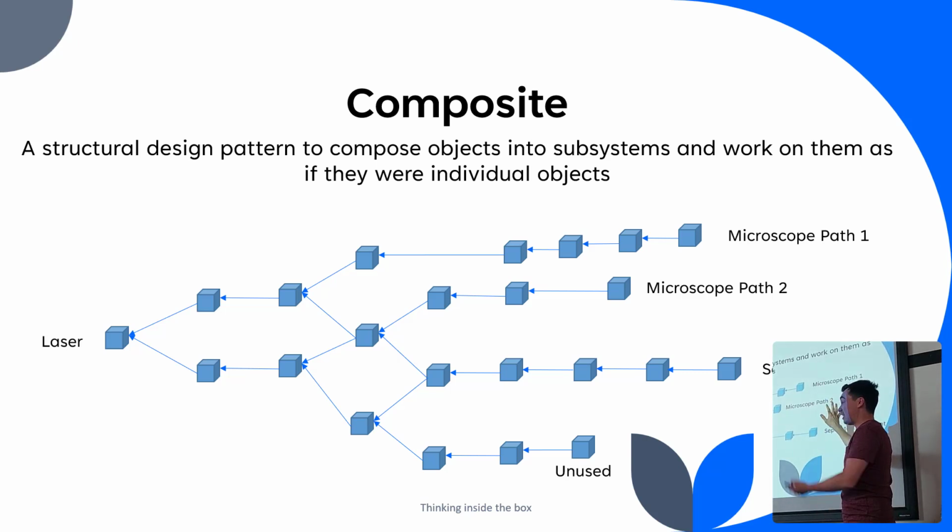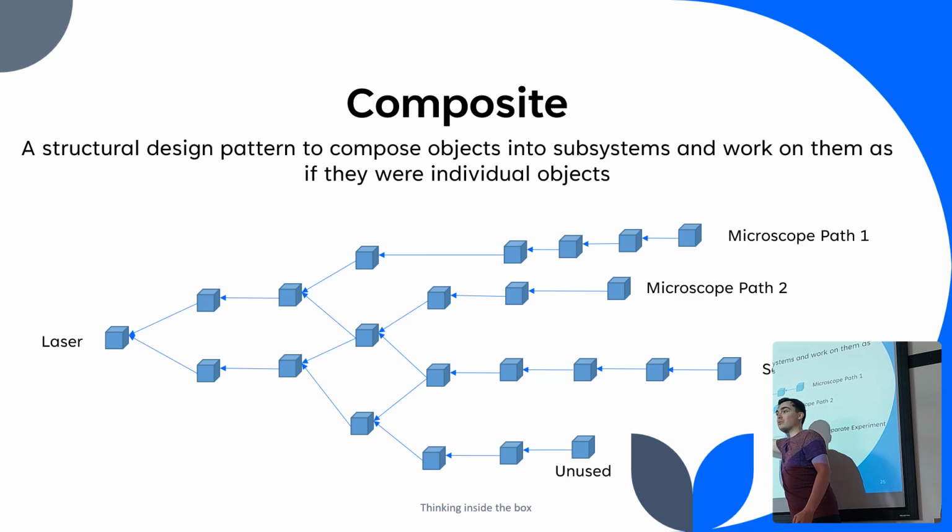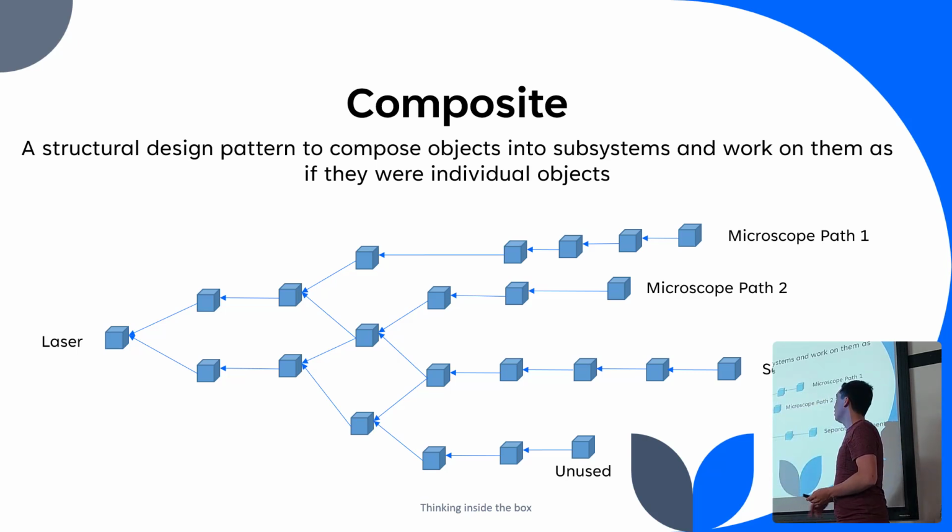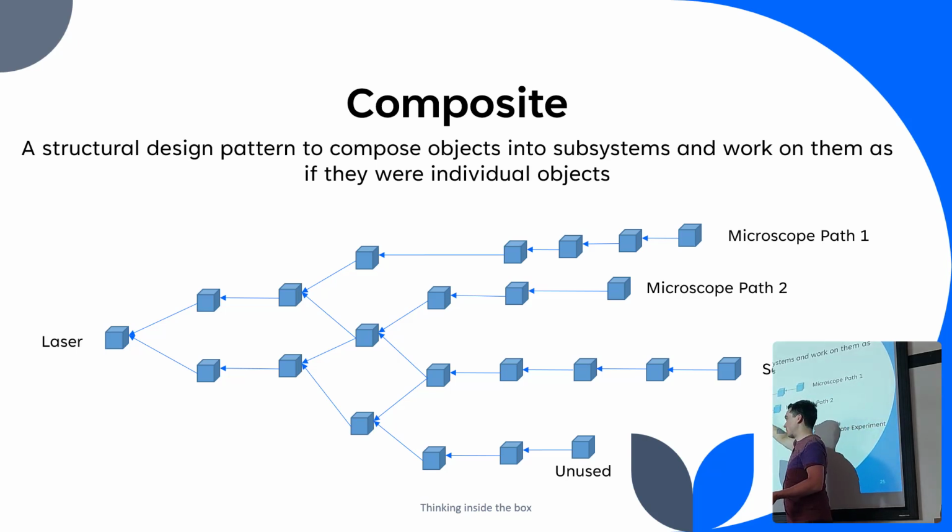In my application, I actually flipped the tree the other way around. So I wanted to go from my sample and work out the validity of the data going backwards. So I say that this object has this object, has that one, and that one. And a particular object, like this one, could be composed of multiple subsystems.